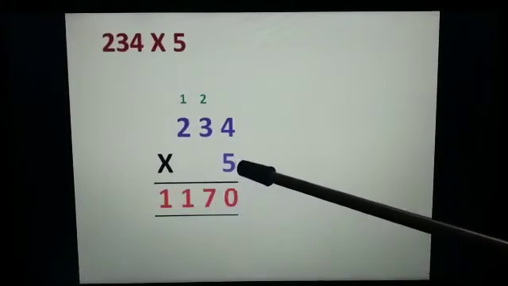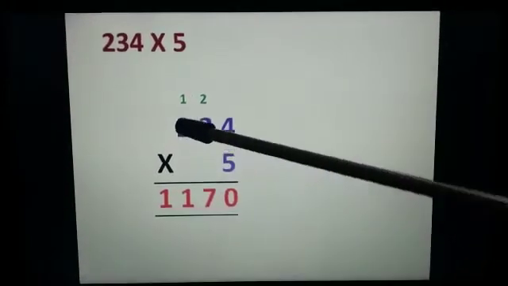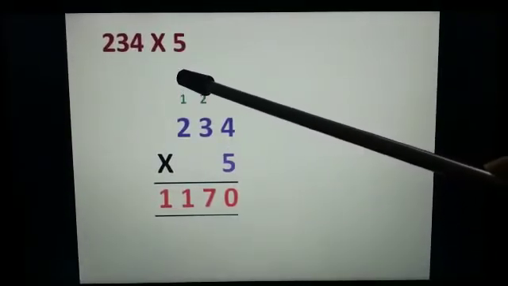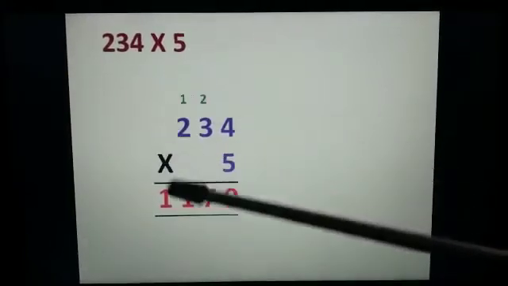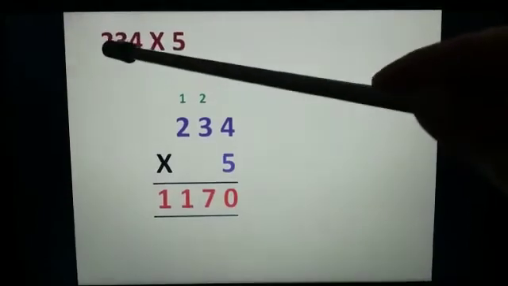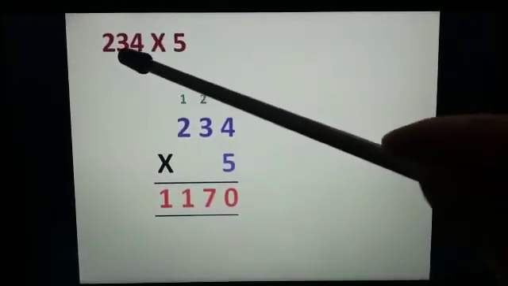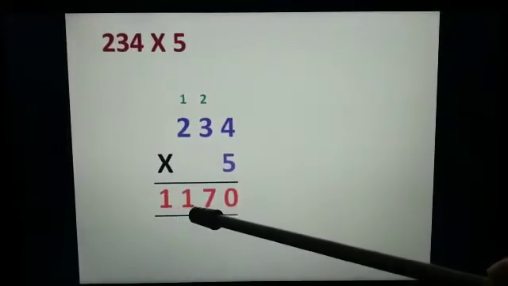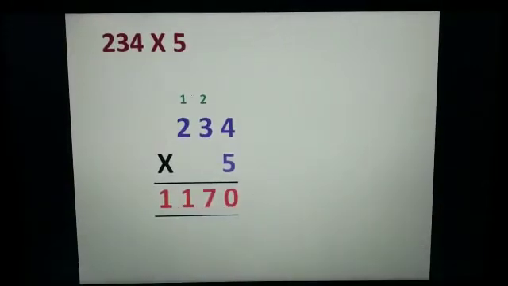Now I will multiply 5 by 2. 5 twos are 10. 10 plus 1 carried over is equal to 11. So the product of these two numbers, 234 multiplied by 5, is 1170.